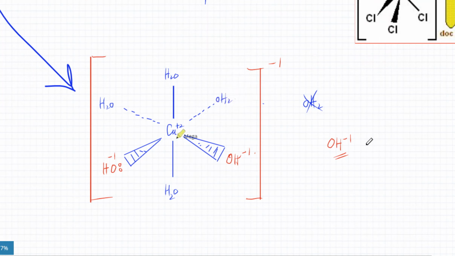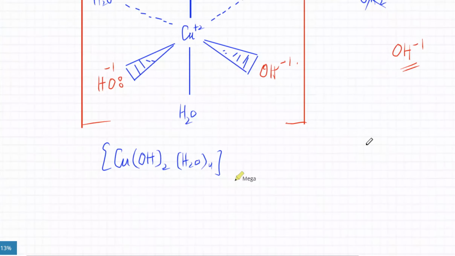Again, you've got two OH ions in. This is now copper hydroxide, basically, with 4 water molecules. Now, copper hydroxide is insoluble. I mean, it's not very soluble. So it's an insoluble precipitate. It's going to leave the solution and form a precipitate.